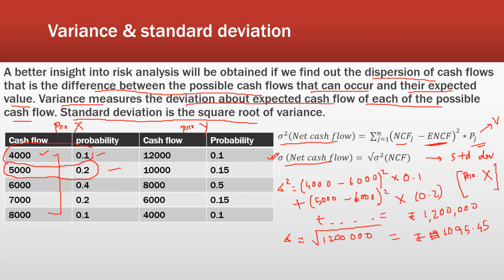Same for project Y, sigma square. Here the average is 12,000 plus 10,000 plus 8,000 plus 6,000 plus 4,000 divided by 5, which is 8,000.